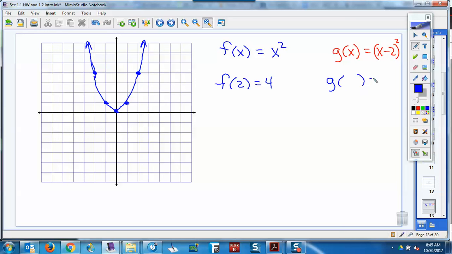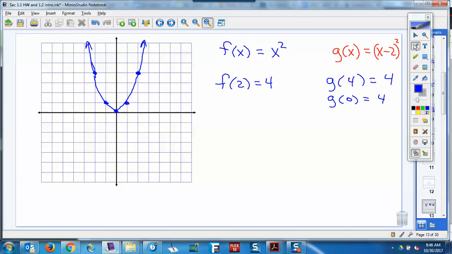So what g would I need to get an output of 4 here? What would I have to plug in for x to get an output of 4? 4, right? So if I put in a 4, well, also a 0, but that would be because of this one, okay? So I could put in a 4, or I could put in a 0, and I would get an output of 4.